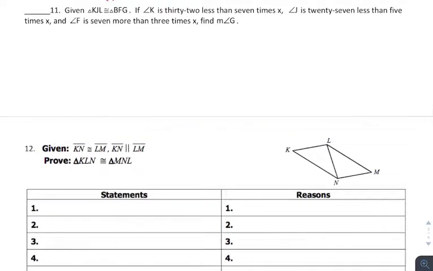All right, number 11. This one's going to be super helpful to draw out. So if we have triangle KJL, so KJL is congruent to triangle BFG.